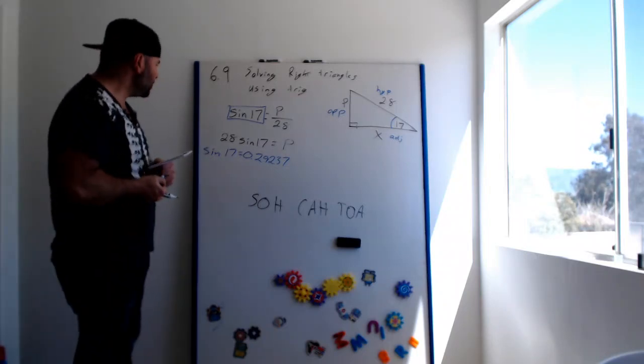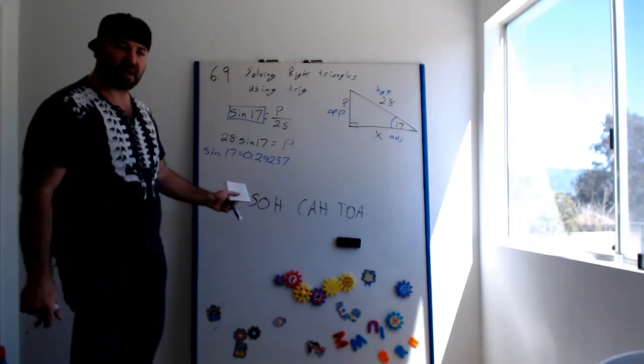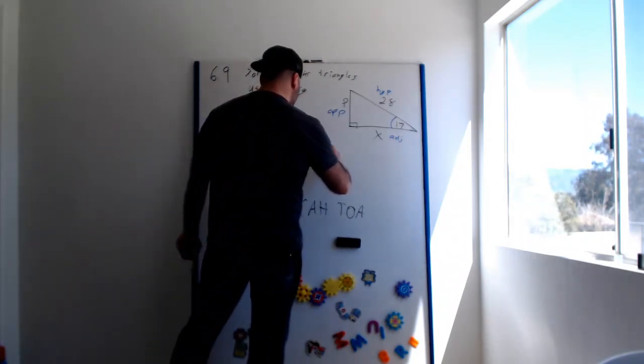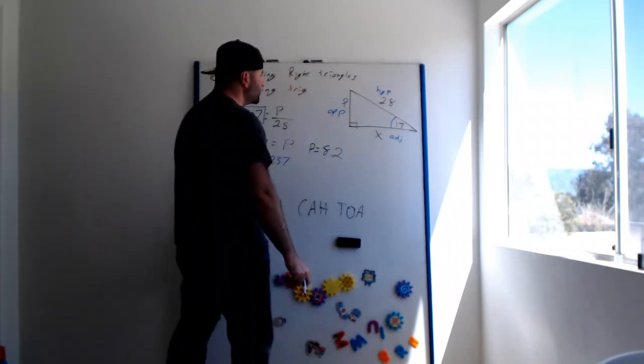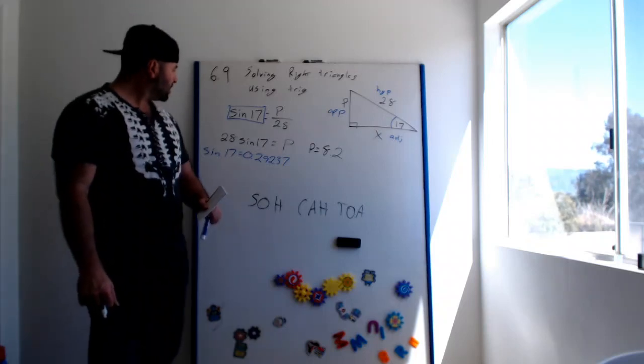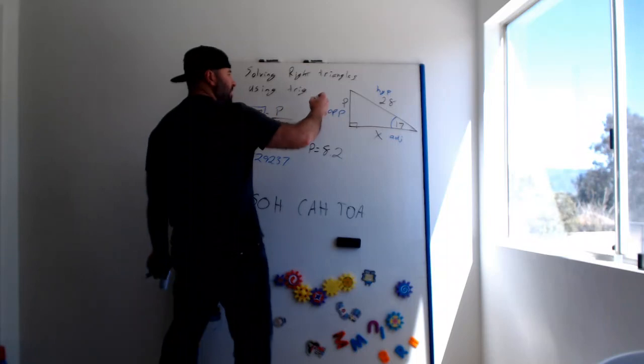That's just for you to be able to check your calculator skills. If you put that into your calculator, you'll end up with P is equal to 8.2. Okay? And that would be it.